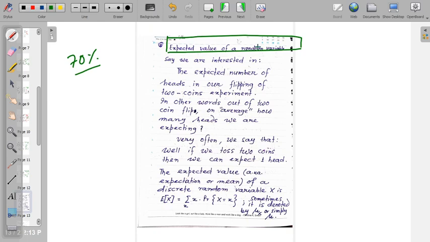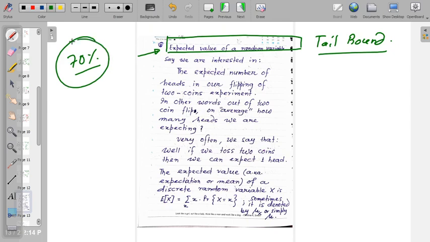Going a little deeper into this, we should have tail bounds of random variables, comprising Markov inequality, Chebyshev, and Chernoff bounds. Based on that, 70% of the analysis is done in computer science. Okay.